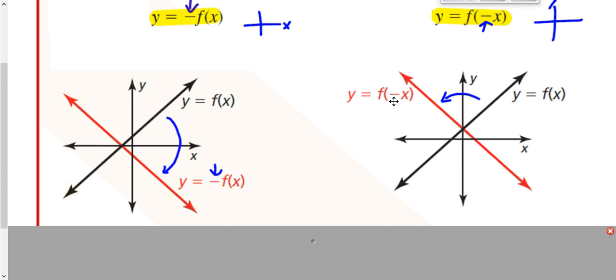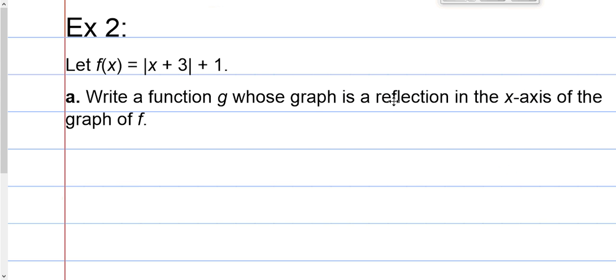Alright, so let's look at example 2. In example 2, let f of x equal the absolute value of x plus 3, plus 1. A says, write a function g whose graph is a reflection in the x-axis of the graph of f.